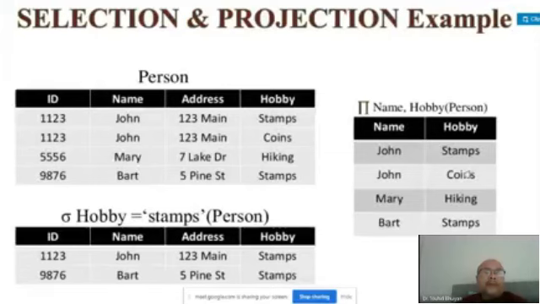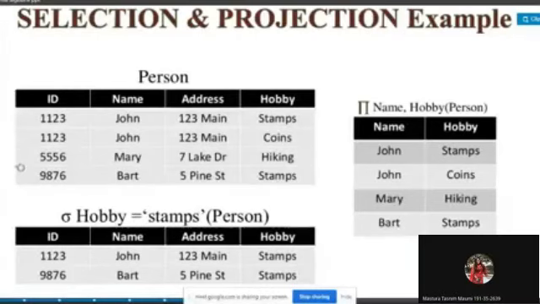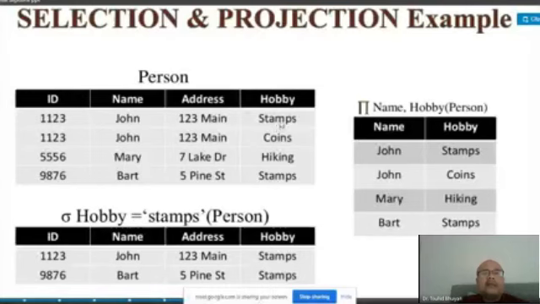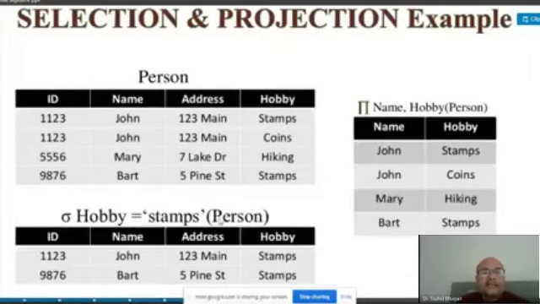So it will show you the first row and the fourth row. It will not show coins or hiking because you have said from the person table, find those rows, select hobby equals stamps.